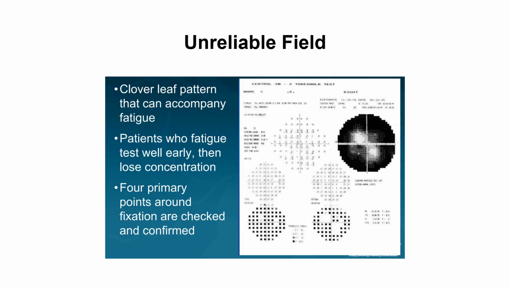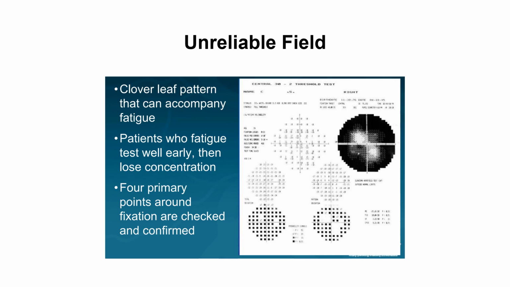So this is an unreliable field because of the cloverleaf appearance, which means that the patient is becoming fatigued, becoming inattentive, losing concentration. They will test very well in the beginning of the test. However, with time, they will lose concentration, energy and motivation to respond well.